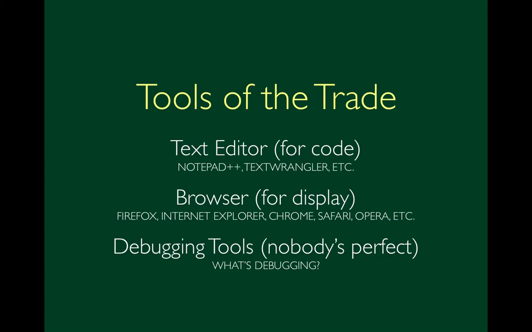We're going to kind of standardize for this course with Firefox 9, so download that at your convenience. And we need some debugging tools because nobody's perfect. Certainly I'm not when I code, and I don't expect you to be. That's why we go through debugging and validation processes to make sure our code is good. So debugging basically means taking out all the imperfections, all the incorrections, and making it run correctly.